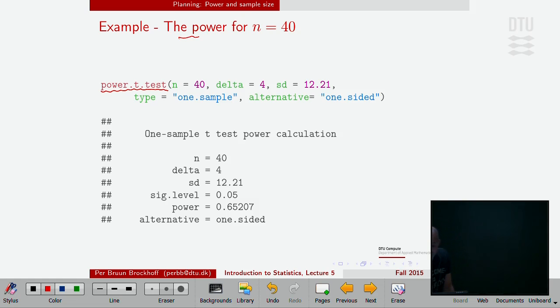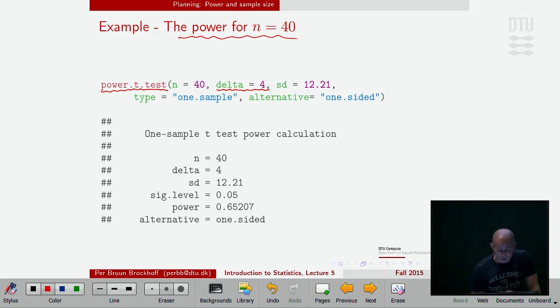Here, I would like to know, what is my power? That is, what is my probability of detecting a mean difference of 4? That is 87 in my screen experiment, right? If it was 87, because I know that the null is 83, right?